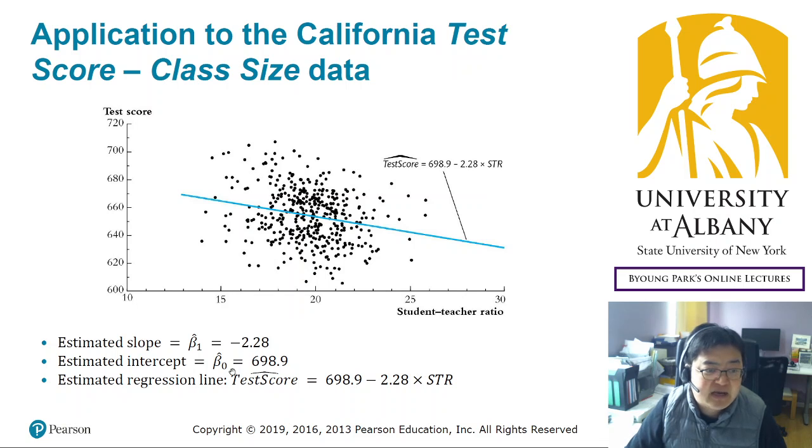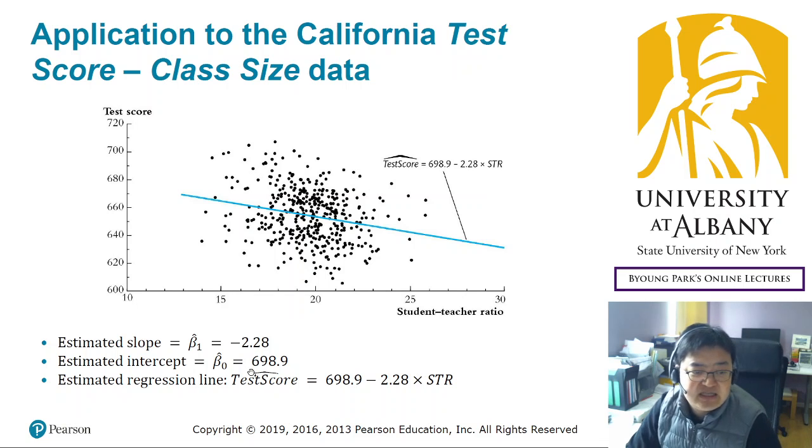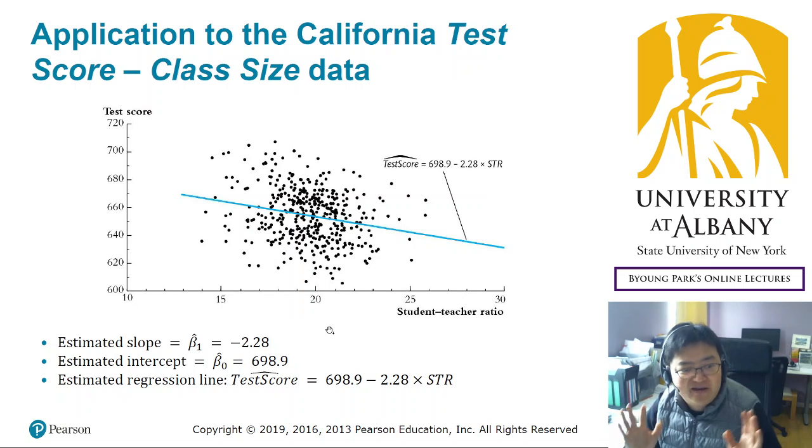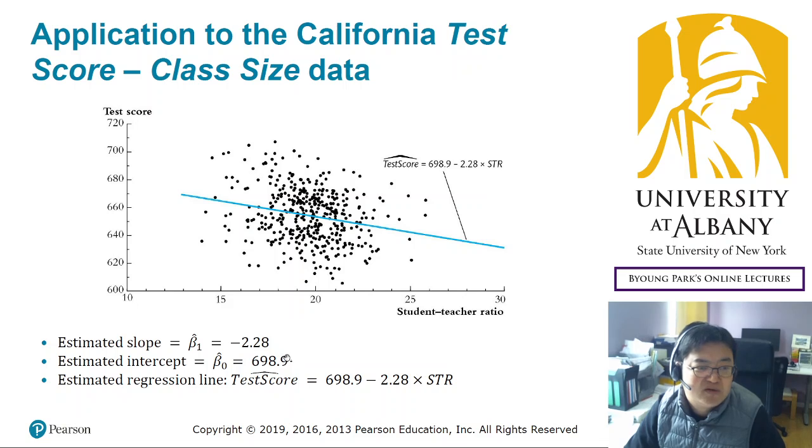And the intercept is estimated to be 698.9, which means if the student-teacher ratio was 0, then the test score would be this much, which means nothing. Actually, by itself, there is no meaning, no implication at all.